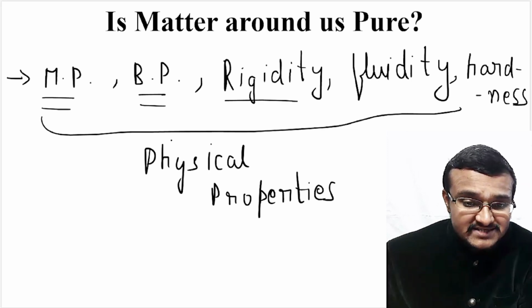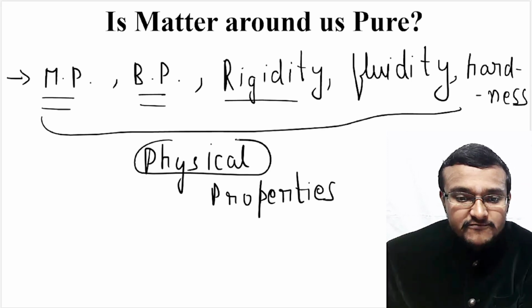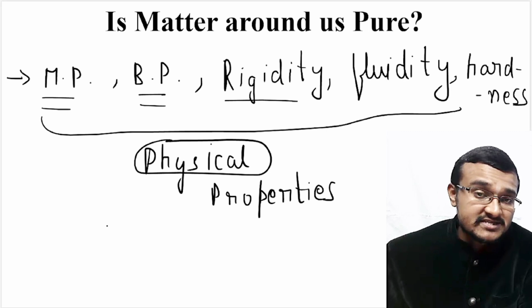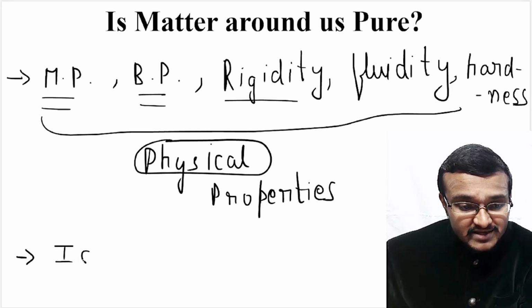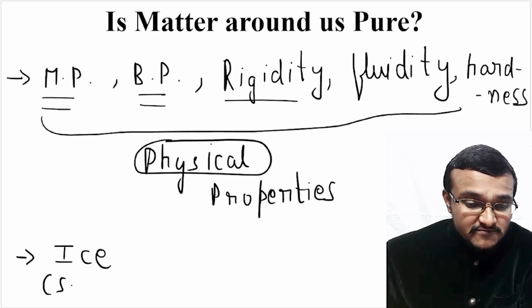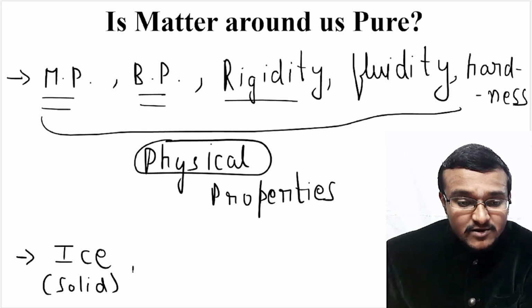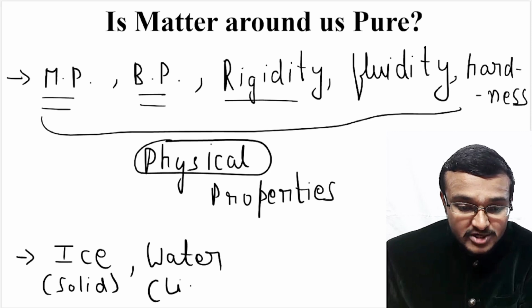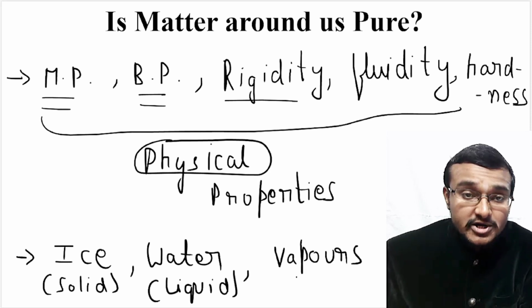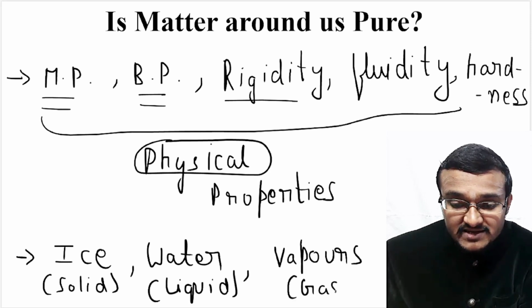So for example, let's say, to understand how the physical nature of a particular substance changes, you might know that ice is in the solid state, water is in the liquid state, and water vapor is in the gaseous state.